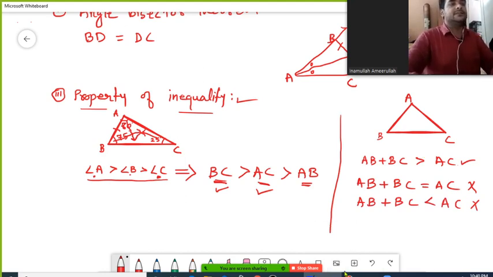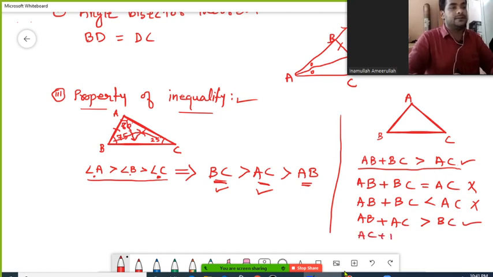So it is a possible triangle when AB plus BC is greater than AC, AB plus AC is greater than BC, and AC plus BC is greater than AB.